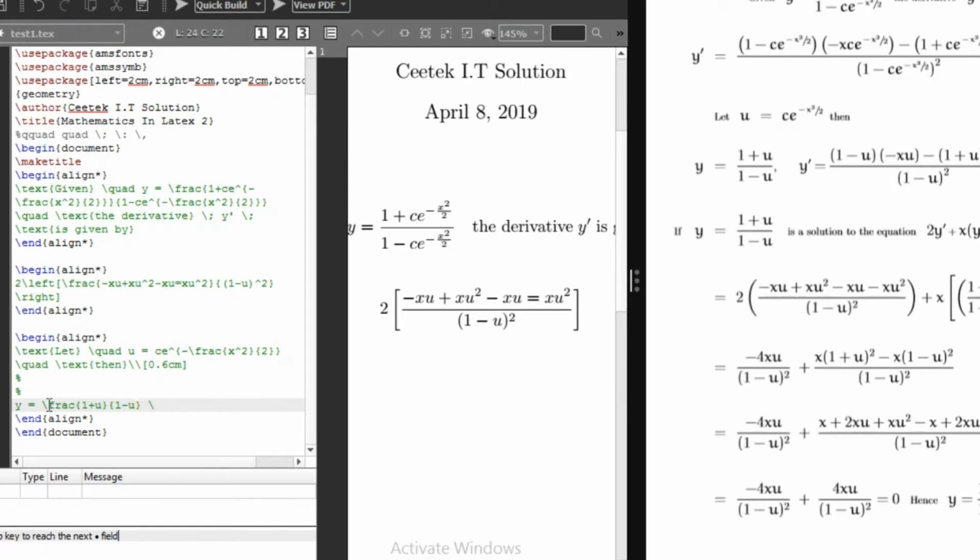Let's put some spacing, so quad and y prime to be equal to, we have another fraction, so frac, and then our numerator is given by, so 1 minus u, another bracket, negative xu, and another bracket.